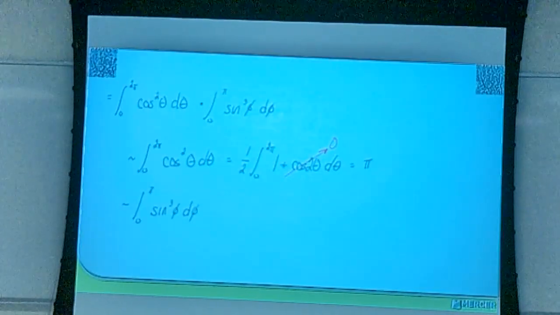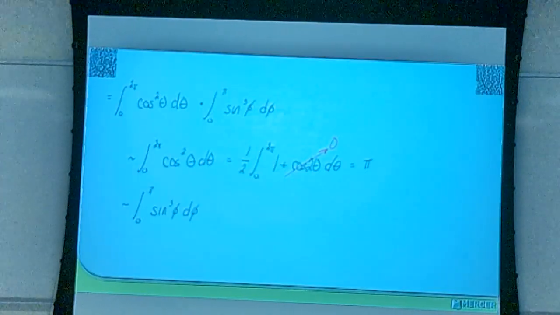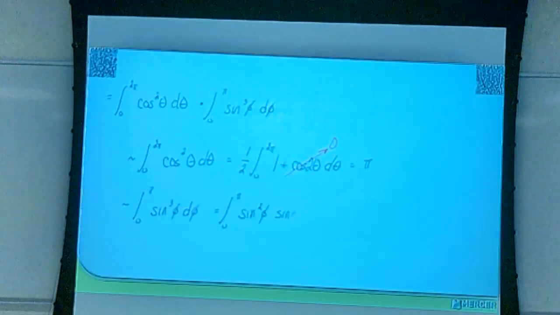Now we have to evaluate that. Do you remember how you did it? Right, the sine squared times sine. Sine squared is 1 minus cosine squared.